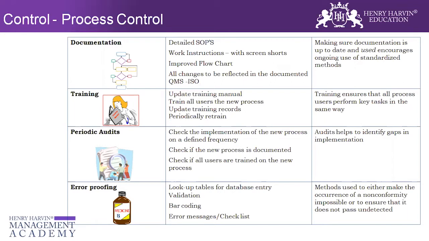The training manuals should be updated, and we should be able to train all the new users. It should be audited on a regular basis. Periodic audits are done on the new process at a defined frequency to ensure the new processes are documented and all the people are trained. And then error proofing is also done to ensure that errors do not happen. So these are the 4 things: documentation, training, periodic audits, and error proofing, done to ensure the process is in control.